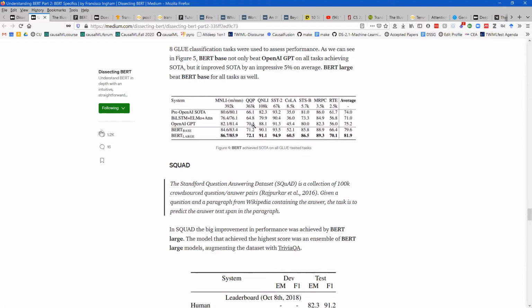Ah, okay, right here, this one. So OpenAI got 70.3 and BERT base got 71.2. And before OpenAI, it was 66.1, so there was a huge improvement from OpenAI, and then a small improvement over OpenAI by BERT.